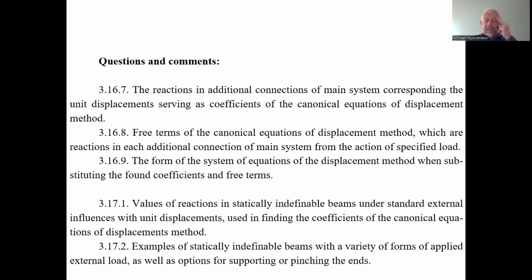The set of good decisions in directories and textbooks, and in definite chapters on the use of the displacement method for deciding statically indeterminate mechanical systems, consists of tables of options: single span two-end supported beams, beams embedded at both ends, beams embedded at the left end and hinged at the right end, beams embedded at the right end and hinged at the left end, and so on.